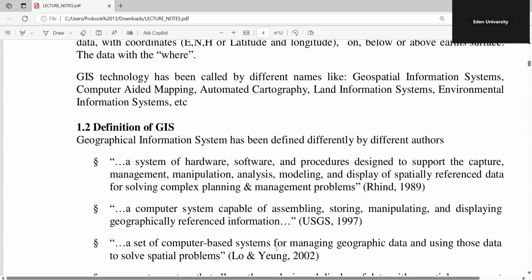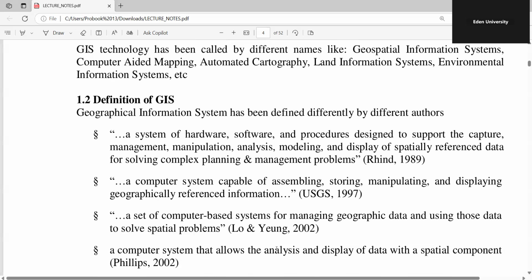Then USGS also says it's a computer system capable of assembling, storing, manipulating, and displaying geographically referenced information. So in all the aspects, we have the issue of capturing, storing, and manipulating. You can check the other definitions in your free time.